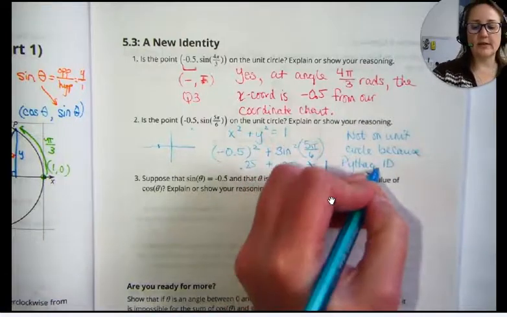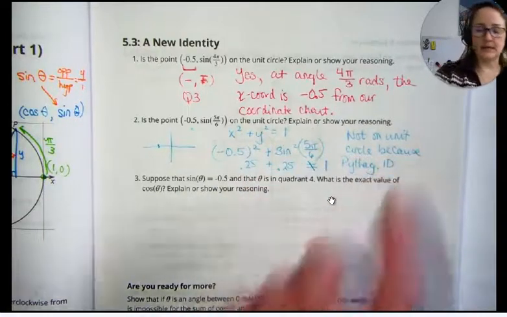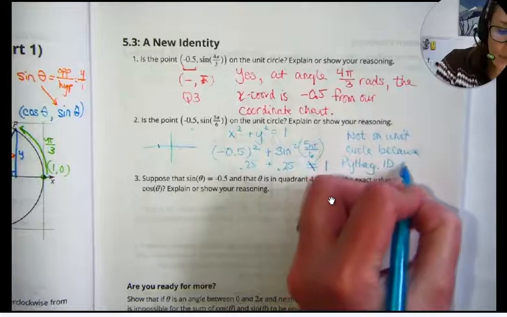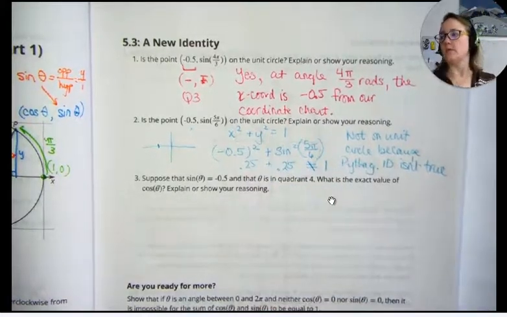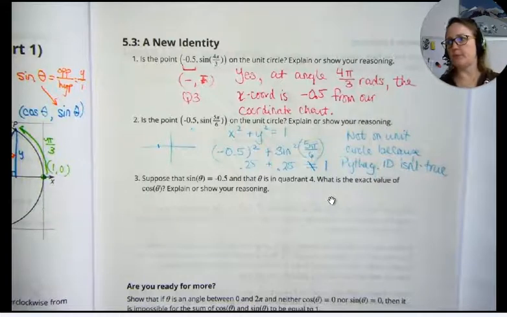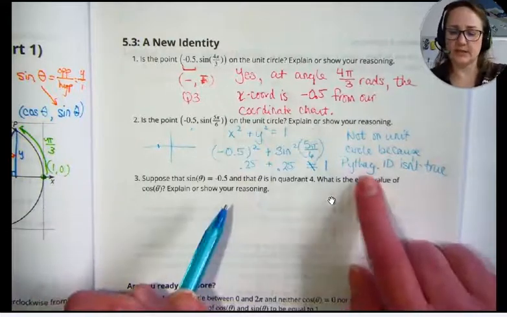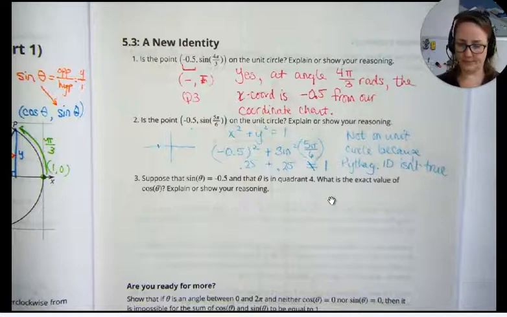So I'm just going to shorthand that into Pythagorean identity isn't true here. So we broke math, or we know that that's not true. It didn't happen. So it's not on the unit circle.